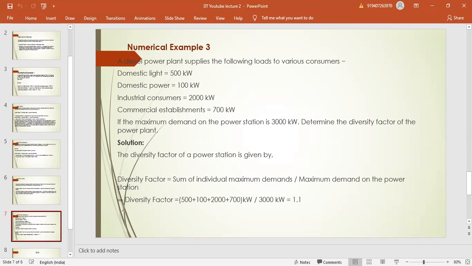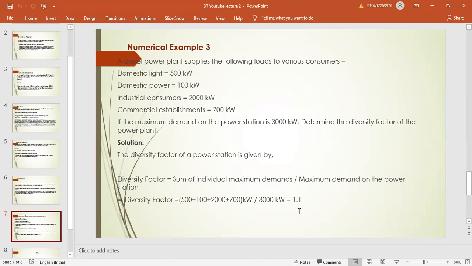So diversity factor will be equal to 500 plus 100 plus 2000 plus 700, which are the data given here. Their sum divided by the maximum demand, which is 3000 kilowatt. So this will give us the value of 1.1. That means diversity factor is always greater than 1.